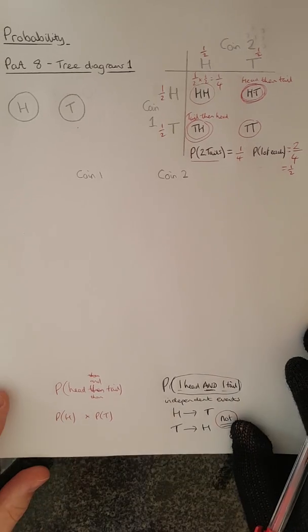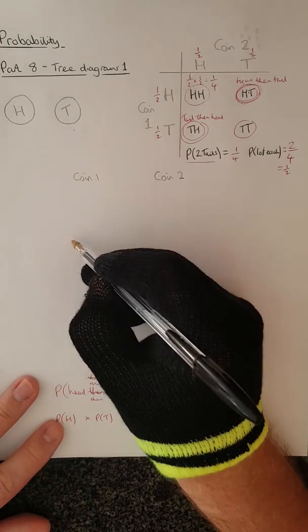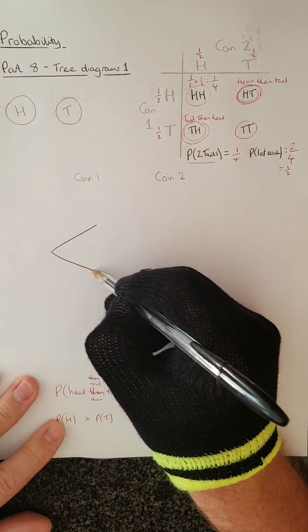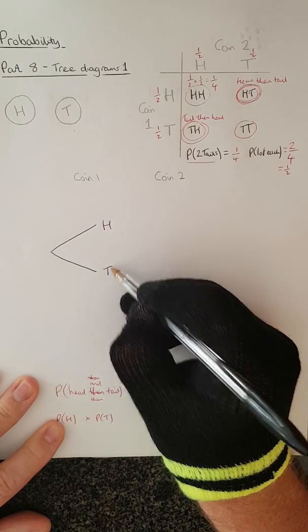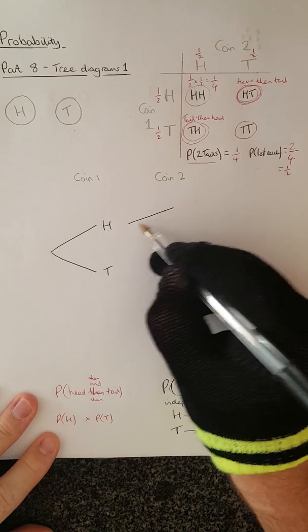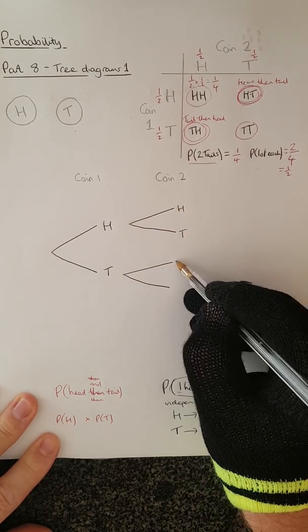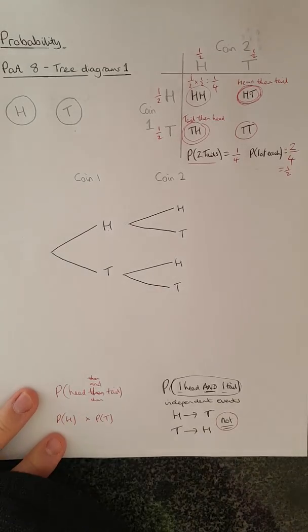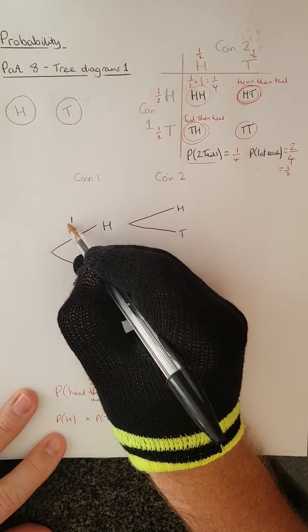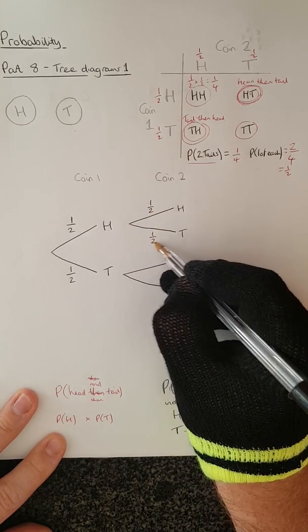Well, that's quite a hard concept, and this is where a tree diagram can sometimes help. So the first toss of the coin gives me a heads or a tails, and we record the answers at the end. The second one is like so, and it happens no matter what. I write the probability for each outcome on the branches like this.